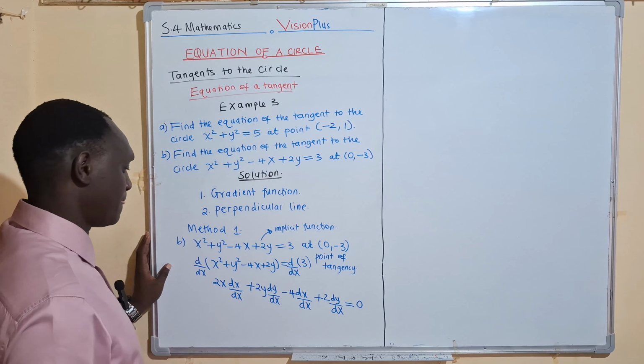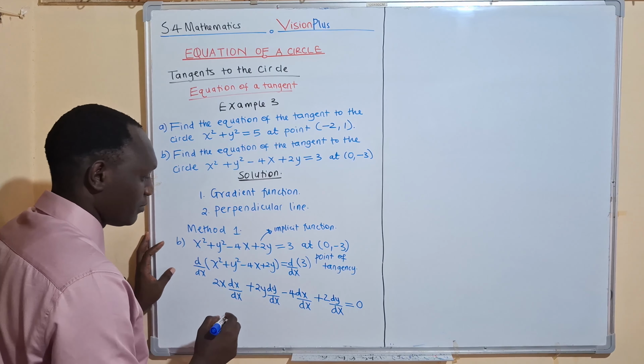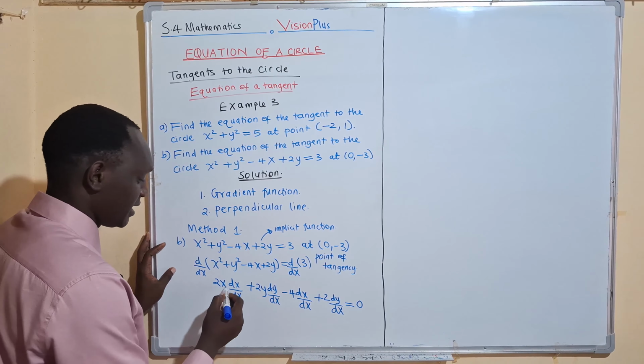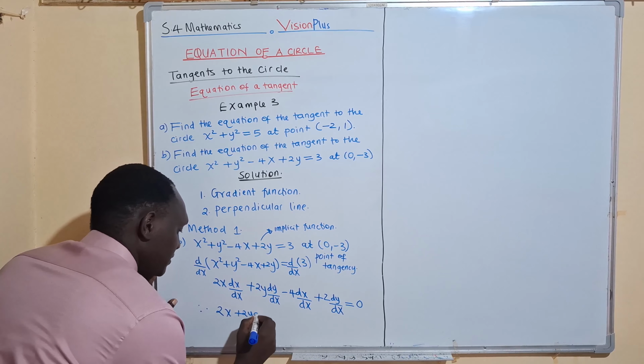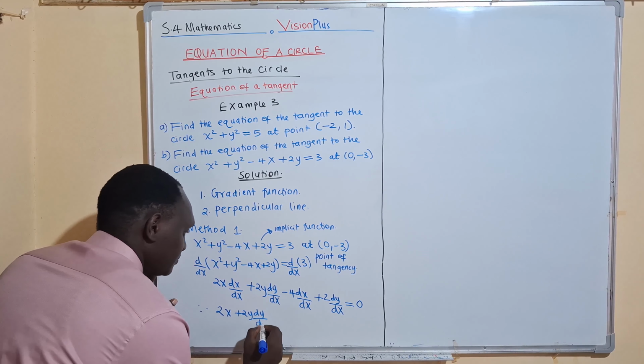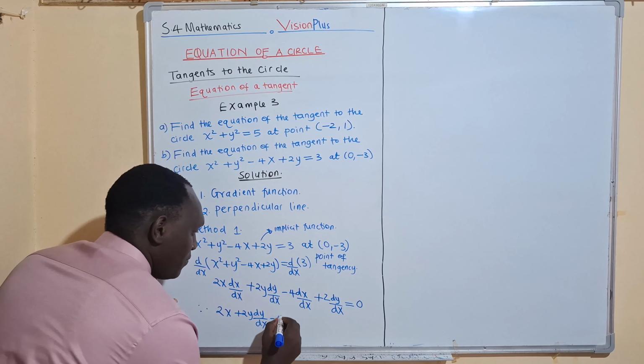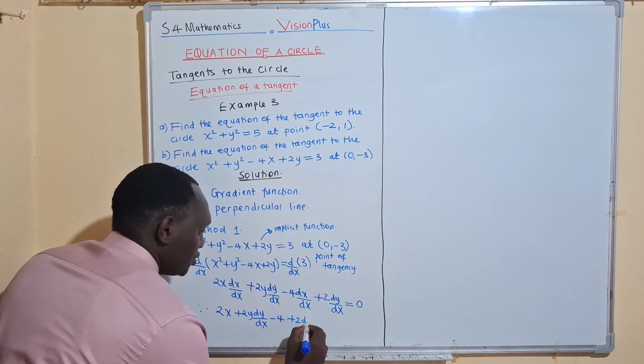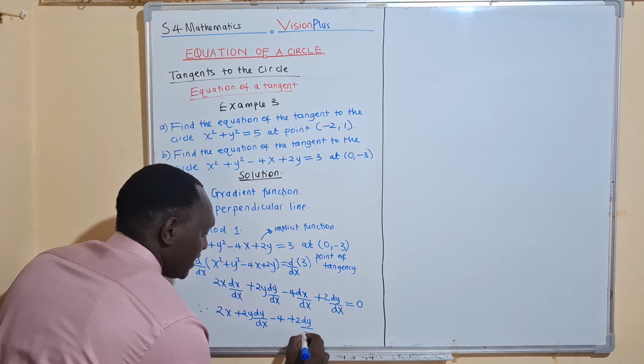And then when we simplify this, we shall have 2x plus 2y dy/dx minus 4 plus 2 dy/dx equals 0.